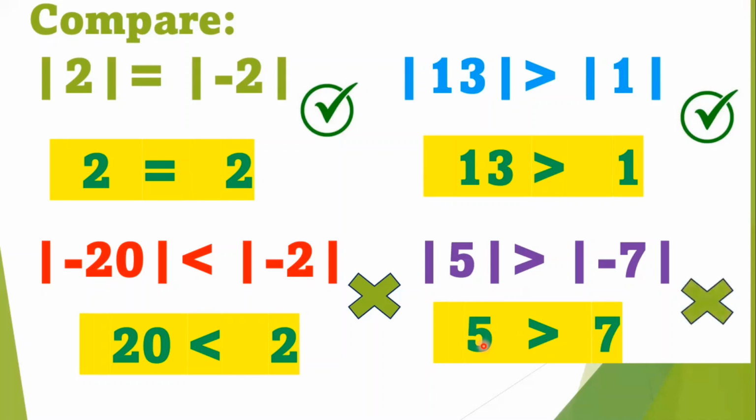Now, remember, kapag nagko-compare kayo ng numbers, always remember the counting numbers. Diba? Yung counting numbers natin, huwag niyo yung kalimutan. Hindi ibig sabihin na we are on absolute value is mag-change na yung ating pagko-compare ng numbers.